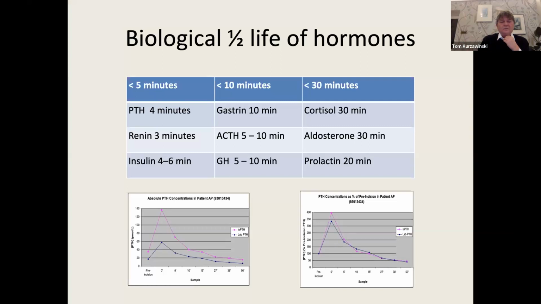Obviously, if you measure on different platforms, you're going to get different concentrations. But if you express these values as a percentage drop, you will see that the curves come together.